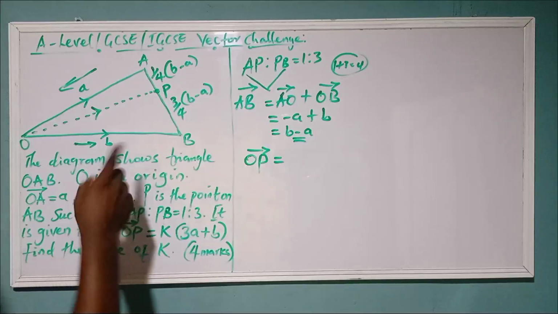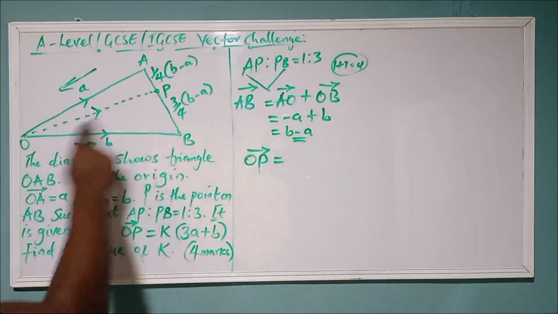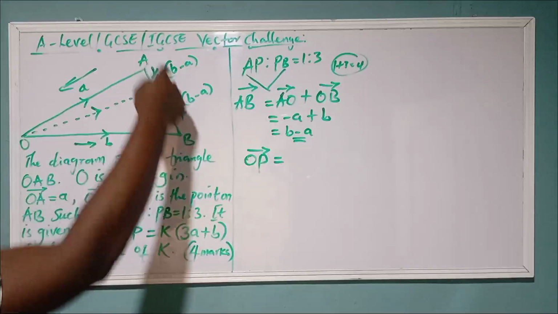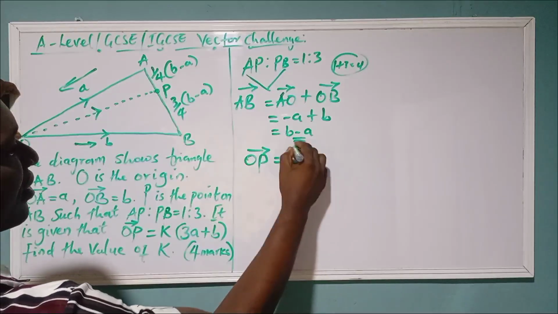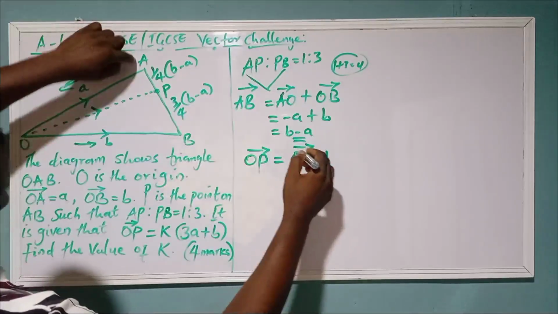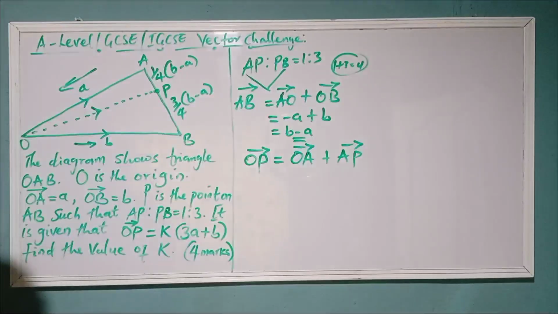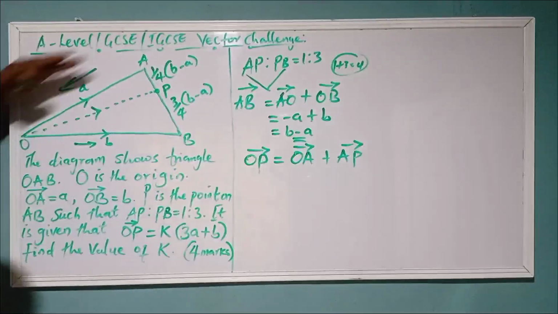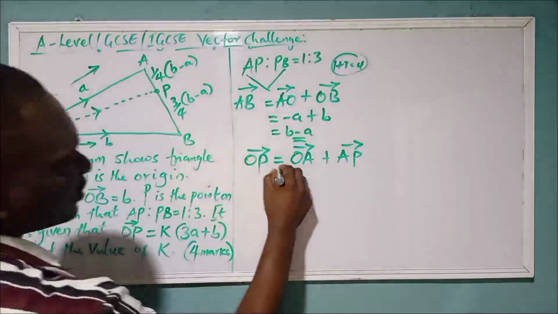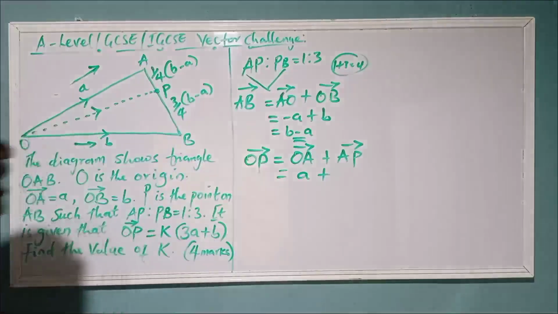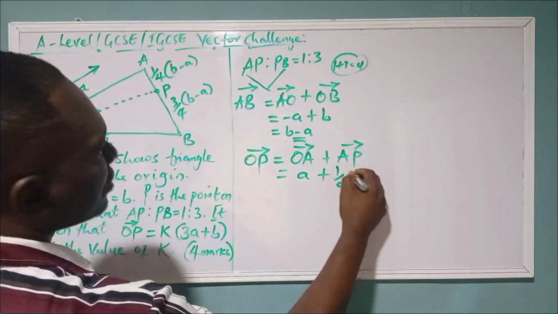Now, OP will be OA plus AP. I've gotten to OP. So now what is OA? OA is in this direction. This time around, it's going in the same direction, so we have A plus AP, which is 1/4(B minus A).